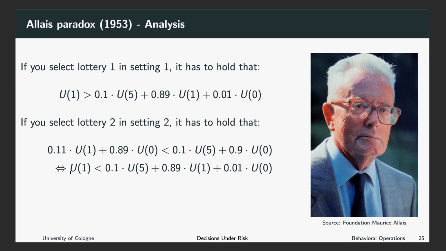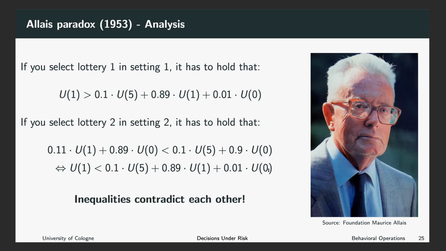So we get the utility of 1 million is smaller, or has to be smaller than 10% times the utility of 5 million plus 89% times the utility of 1 million plus 1% times the utility of 0.